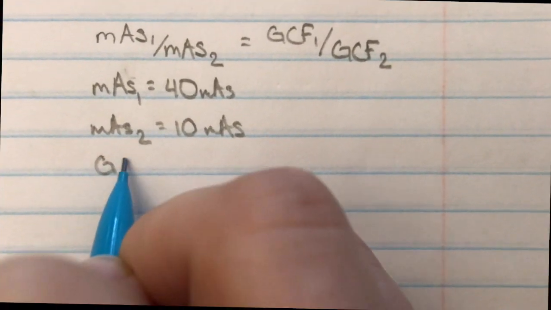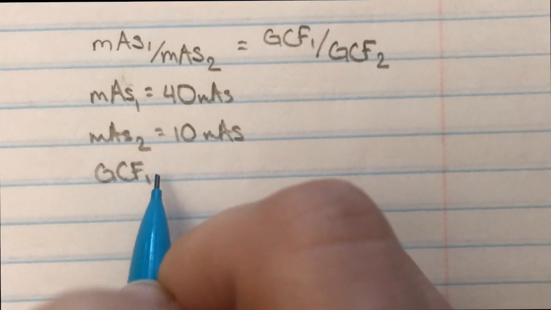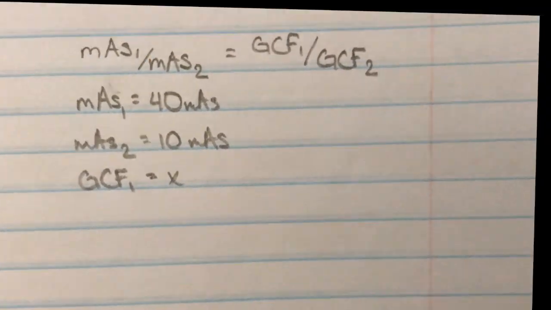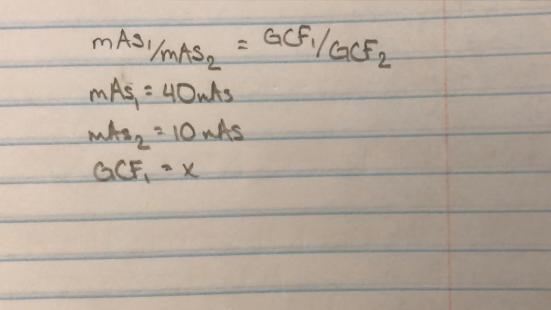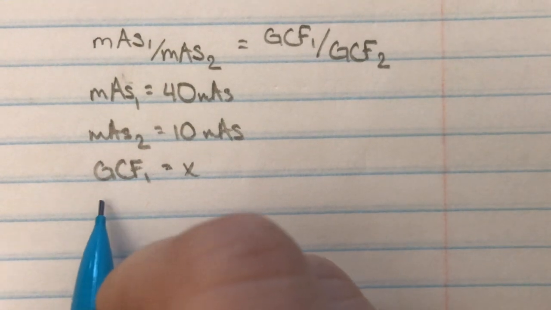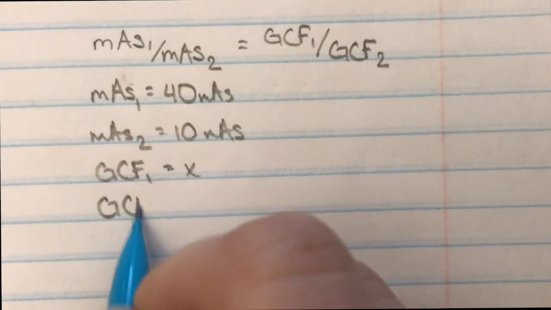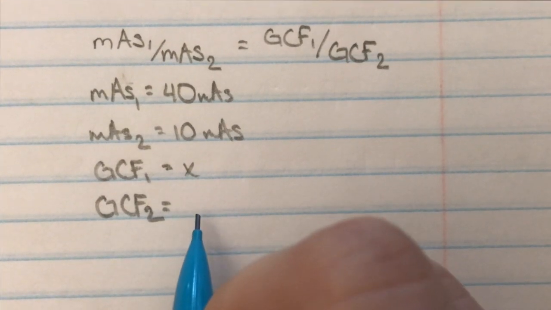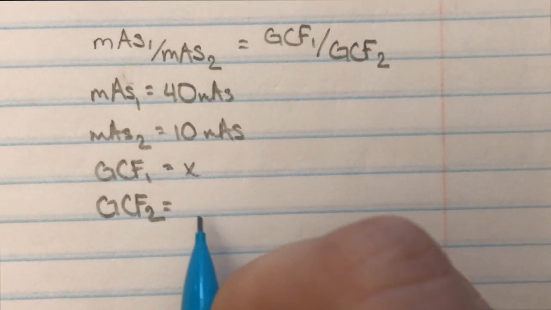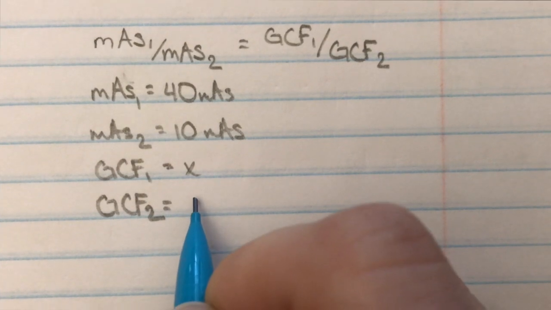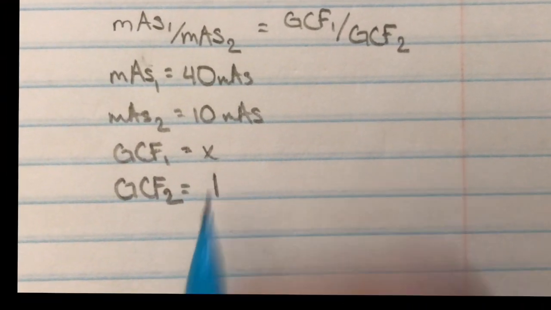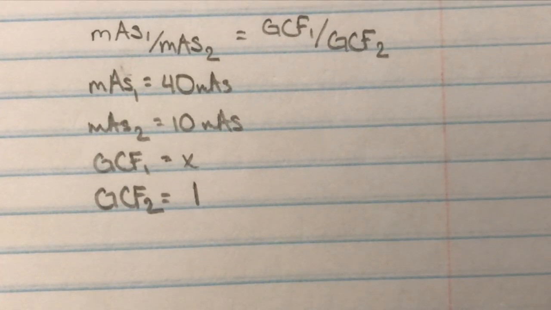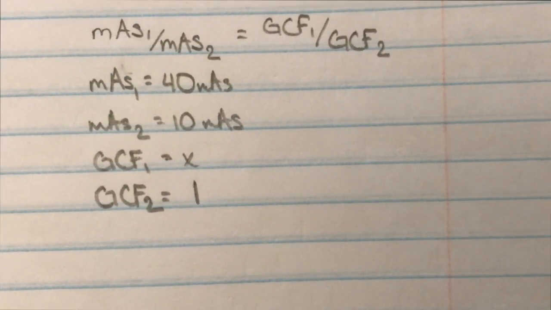Our grid correction factor 1, we don't know because it just says with a grid. It doesn't tell us what kind, so we don't know. And our grid correction factor 2 is going to be, it says that 10 MAS was without a grid. So if it was without a grid, recall that the grid correction factor for that is a 1. That's coming from that little chart in your notes and the book.